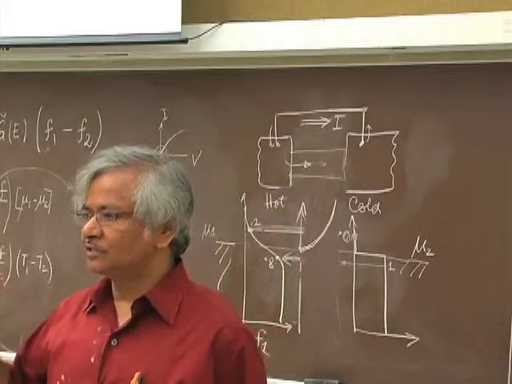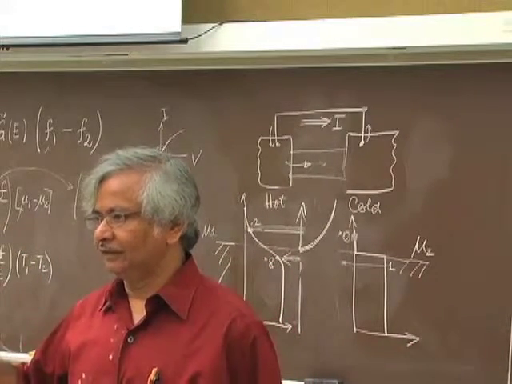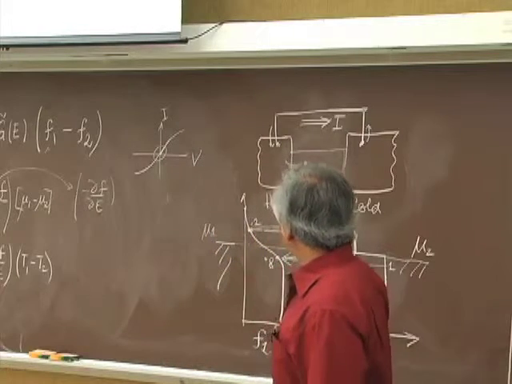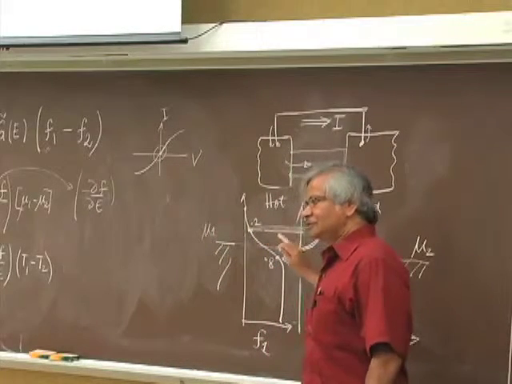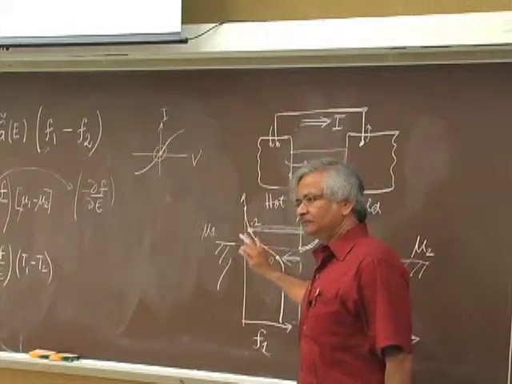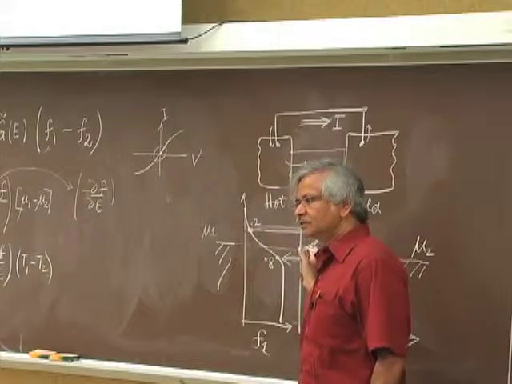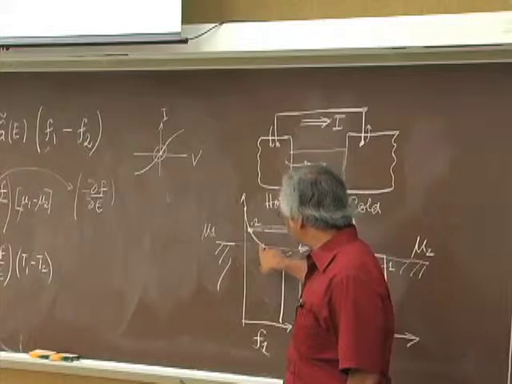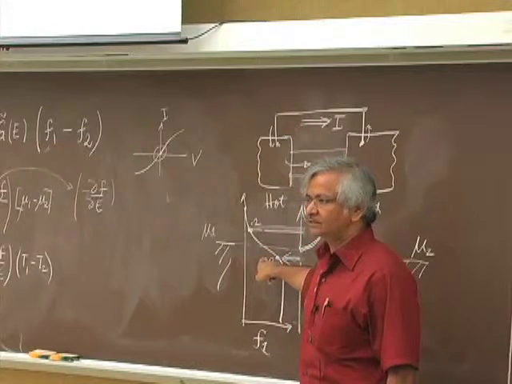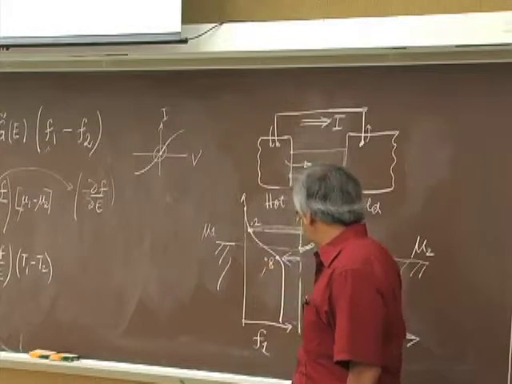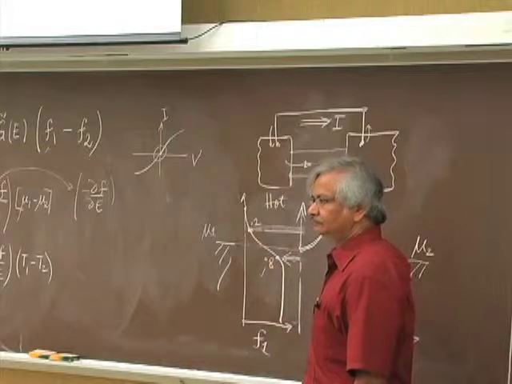You will also see something called the Peltier effect. If instead of a temperature difference, you had kept the same temperature and just applied a voltage across it and run a current through this, you would actually cool one of the contacts, cool this contact, and heat up this one.